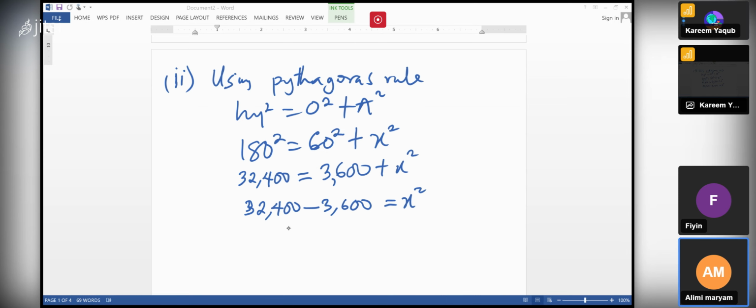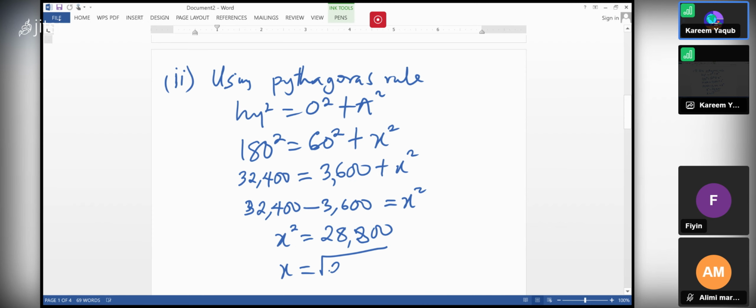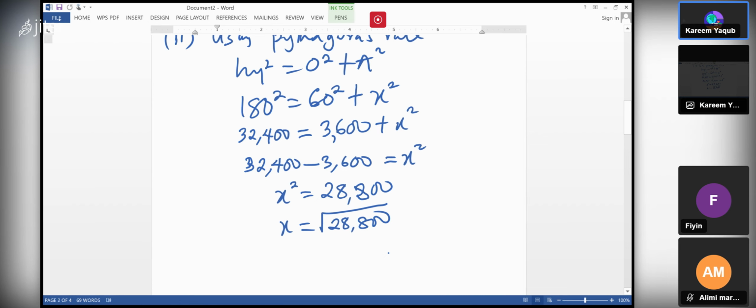So x squared equals 28,800. We then find x, which will be equal to the square root of 28,800. So what is the square root of 28,800?